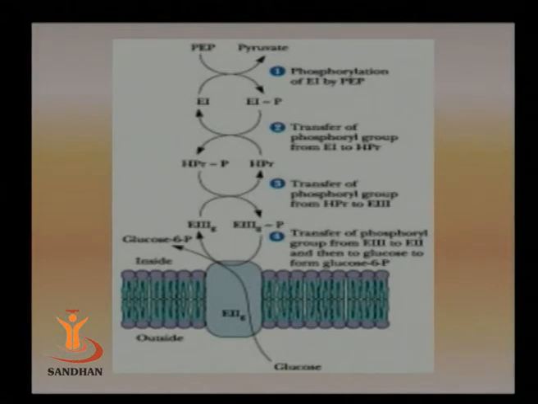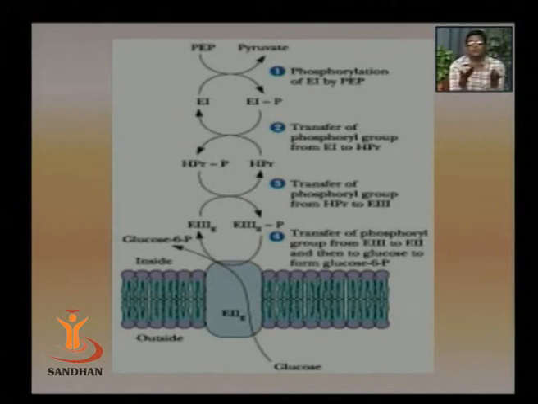E1 will donate its phosphate to HPR. HPR is known as histidine protein, or sometimes heat resistant protein. So that HPR will be phosphorylated and E1 will be dephosphorylated. So phosphate is simply conveyed to HPR.